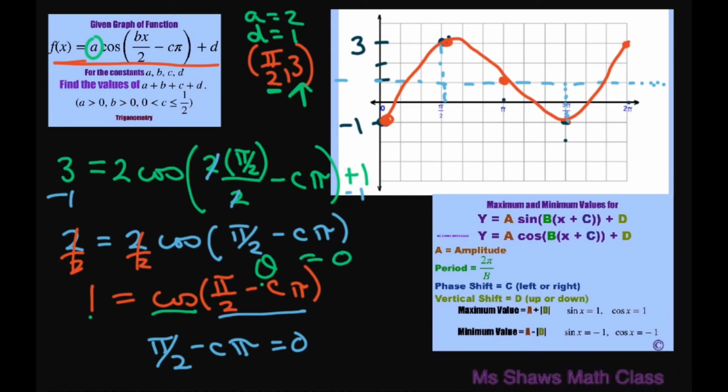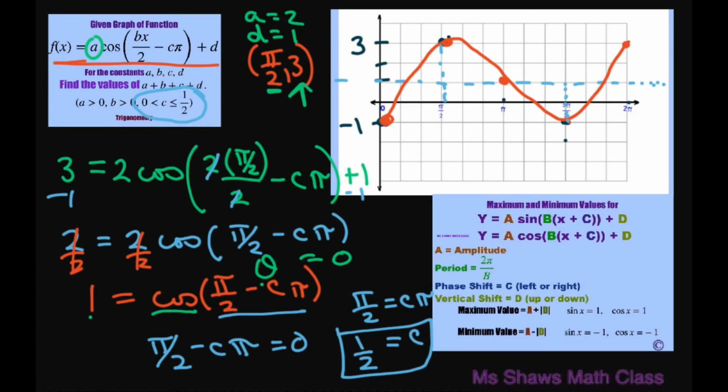Now, solving for c, we're going to get pi divided by 2 equals c pi, and you can divide both sides by pi. So c equals 1/2. All right, now that we have everything, and this also follows the fact that it has to be less than or equal to 1/2, but it equals 1/2.